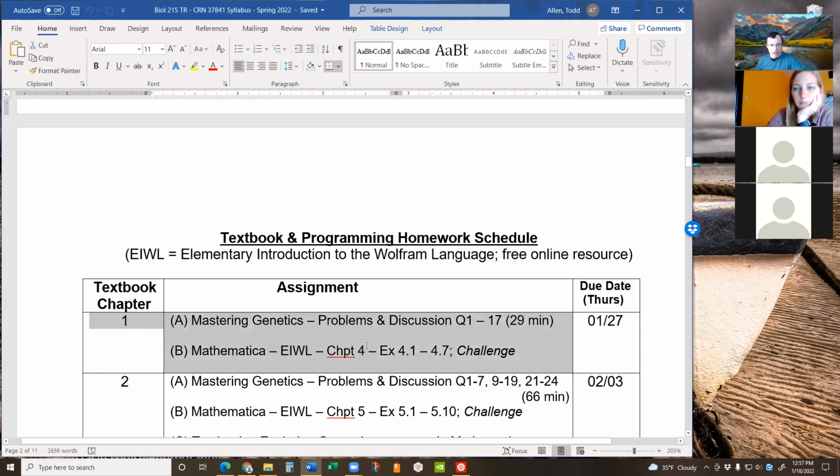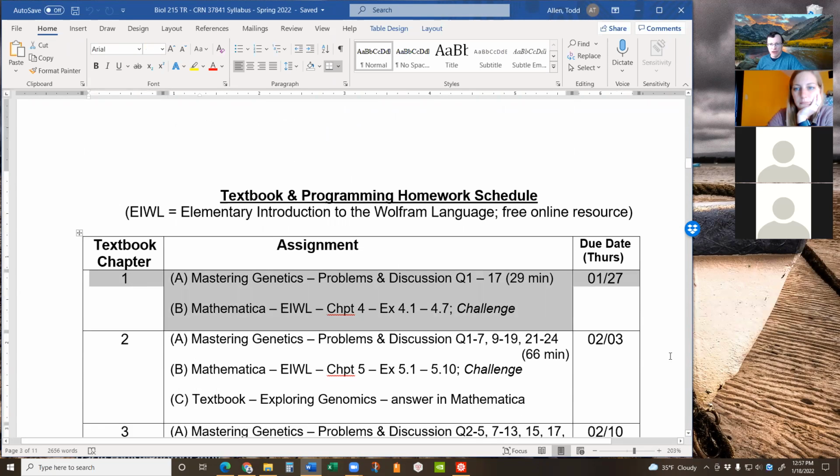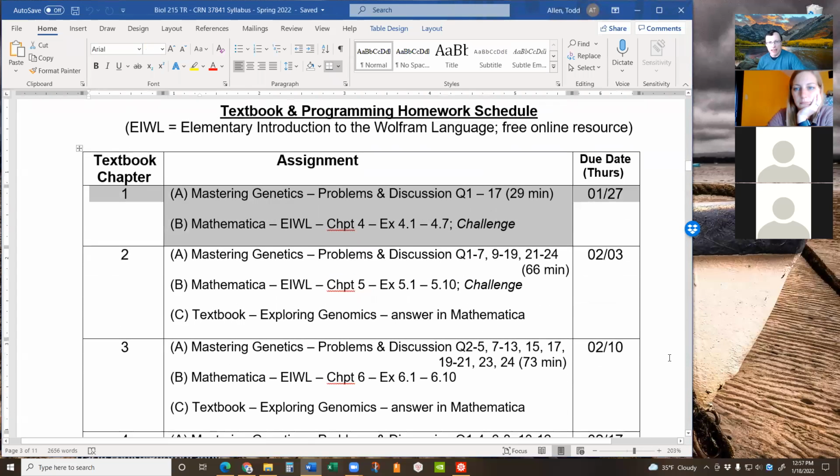So let me go through this section here that I've highlighted gray on your screen. And after you go through a week or two of this with me, I think the logic of my insanity will be clear to you, and you'll know what I'm asking you to do. And feel free at any time to always ask, right?